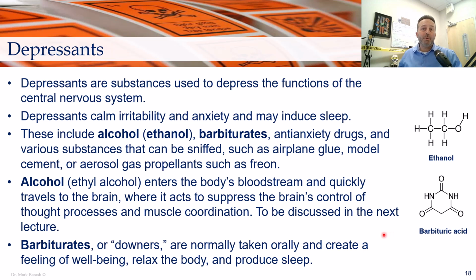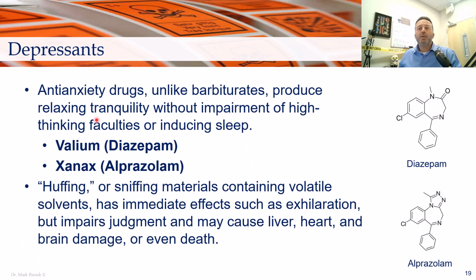So other very common drugs in this category are called barbiturates, which are derivatives of barbituric acid. These are medications that are often prescribed to treat insomnia, epilepsy, acute migraines or heavy headaches. There are many legal drugs in this category, such as Valium or Xanax that you have likely heard of.